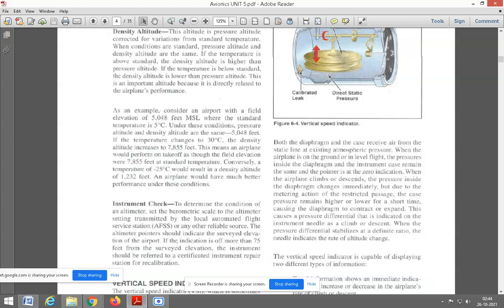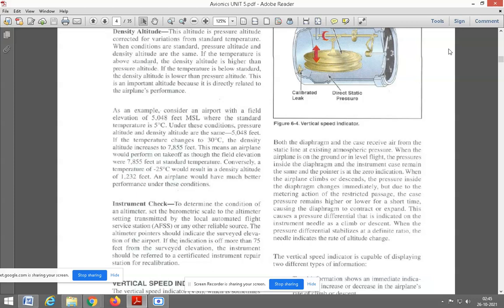So the change in pressure value will be indicated by your needle, based on the contraction and expansion of your diaphragm. When the pressure differential stabilizes at a definite ratio, the needle indicates the rate of altitude change.